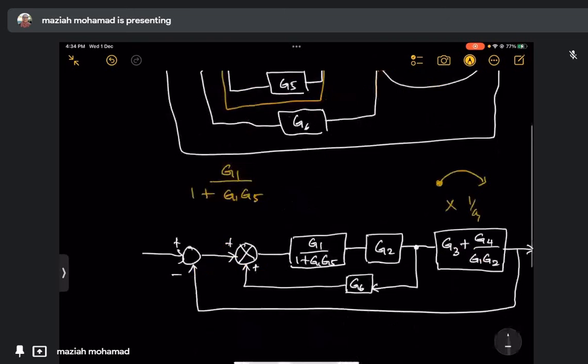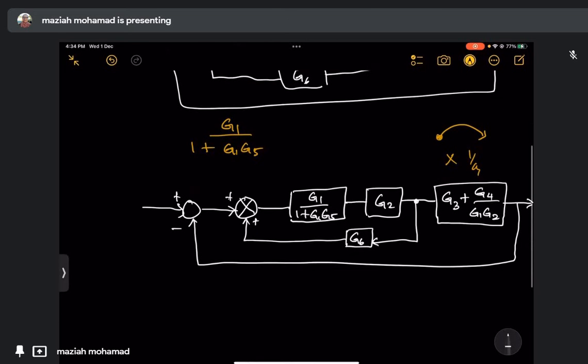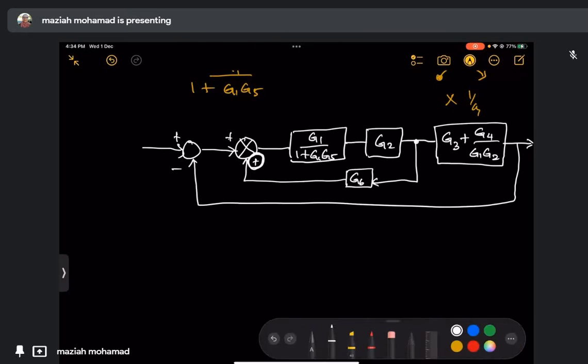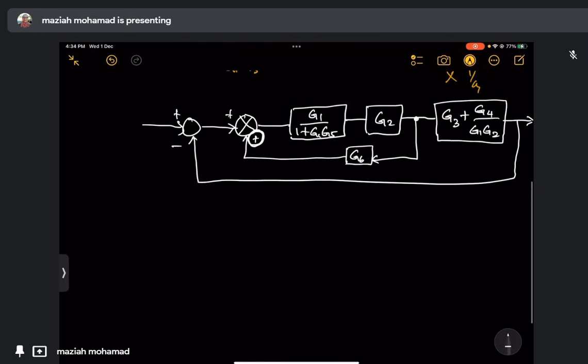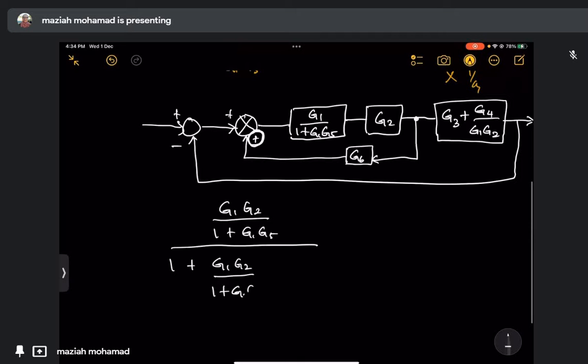And then we need to solve for feedback here. But notice the sign here is positive, right? It's still a feedback, but the sign is positive, meaning in the equation we're going to use minus. So that will become G1, G2 over 1 plus G1, G5, over 1 plus G1, G2 over 1 plus G1, G5 multiplied with G6.